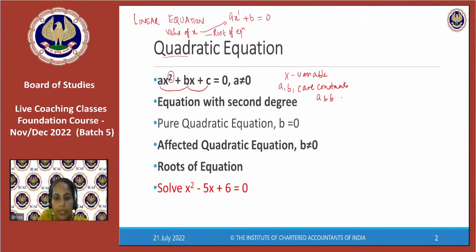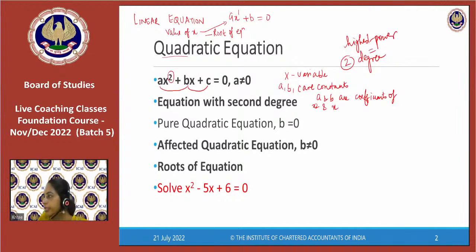A and b are coefficients: a is the coefficient of x square and b is the coefficient of x. c is purely the constant. And 2 here stands for the degree. Degree is the highest power of the equation. That's called degree.